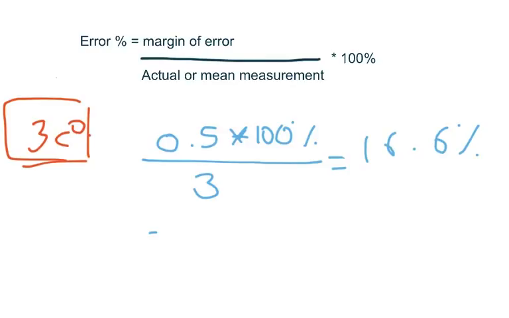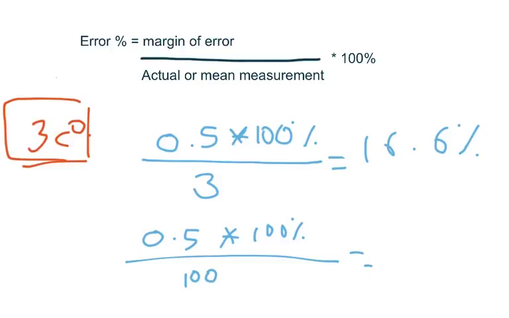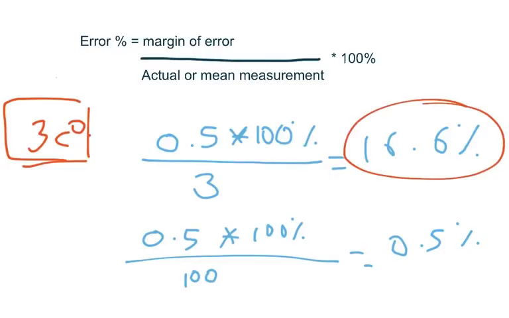What about the 100 Celsius? We have 0.5 times 100% over 100 Celsius, which would be equal to 0.5%. See the huge difference? This is all due to this.